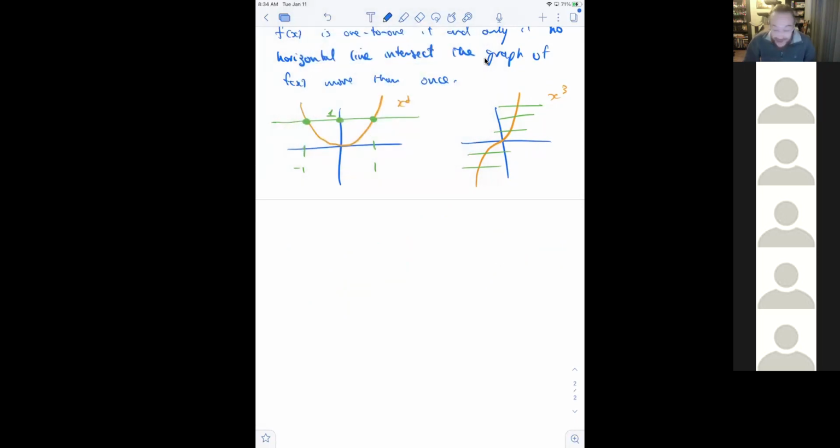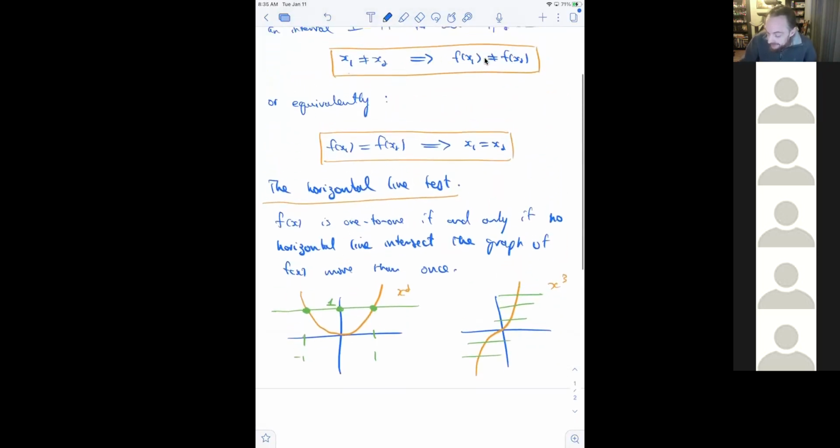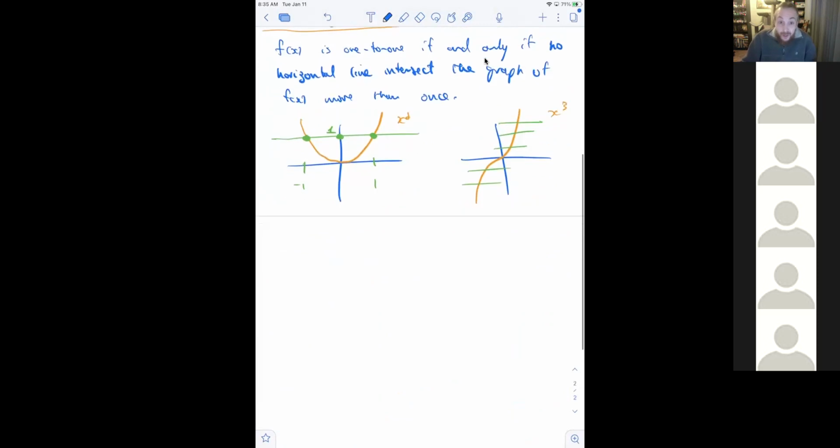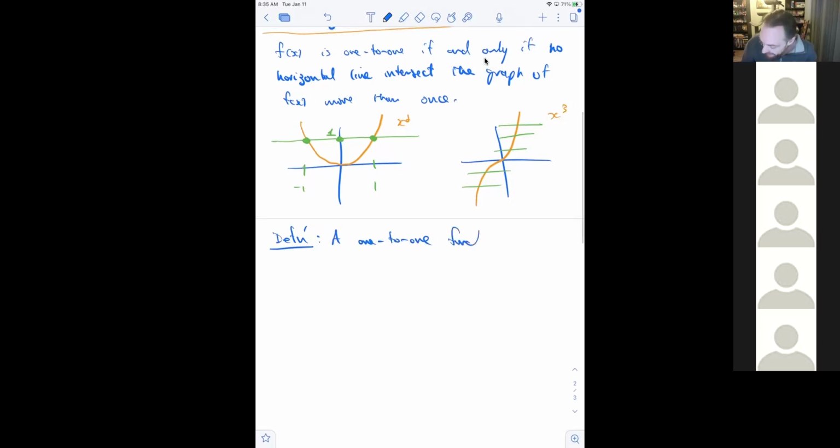The other property we have is, if I am a one-to-one function, I want to be able to invert that process, and we call that the inverse function. So, definition: a one-to-one function, so you already have to have that it is one-to-one, from A to B is how we will write this.